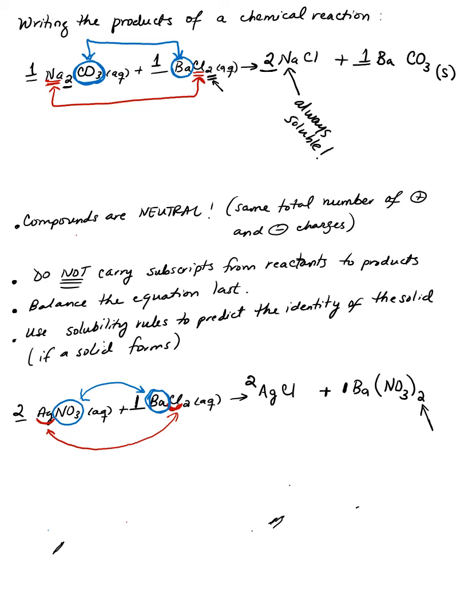Now, when you write down the products of your reaction, out of your 2 possible products, you need to identify which one is the solid that you're observing in the experiment. So again, you can check your solubility rules on page 190 in your book. Your chlorides are listed as soluble.